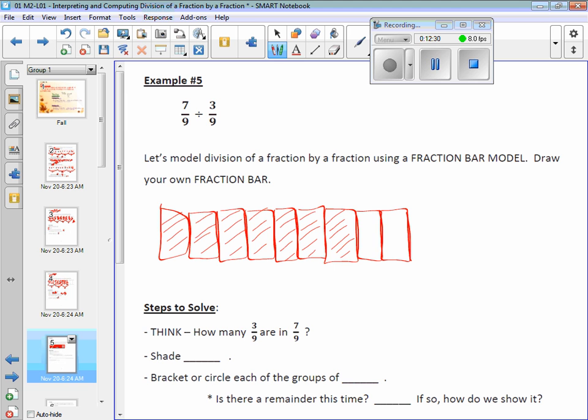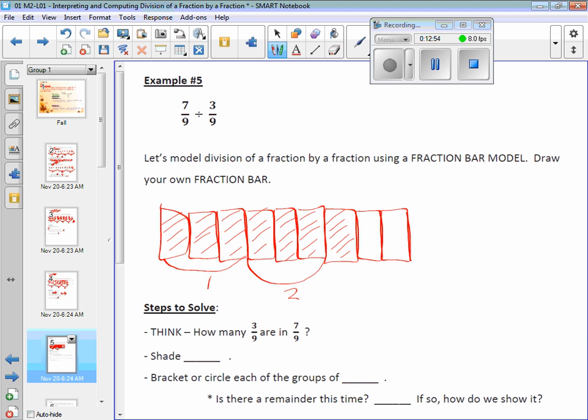So, do you guys see the issue we have with this one? We're still putting in groups of what? 3, right? Do I have 3 entire shaded boxes here? That's one group. What about here? Do I have 3 full shaded boxes here?